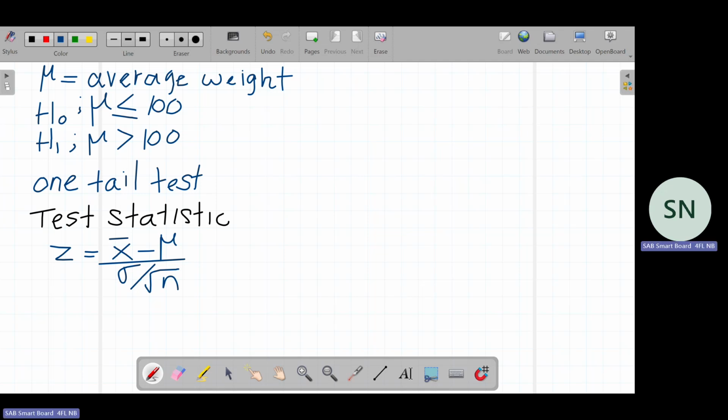Okay, in the exam I will give the formulas. This is the formula we use to calculate the test statistic. It's clear?